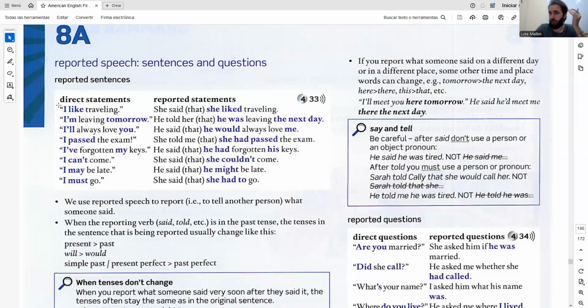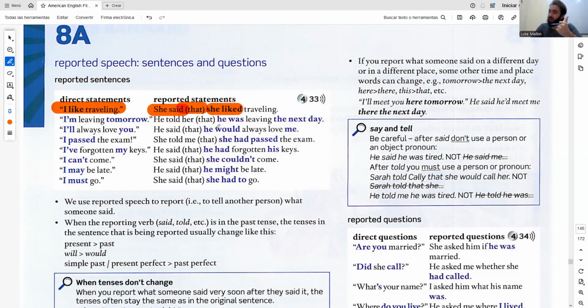Reported speech is when we report what somebody else said. So, for example, a direct statement looks like this. I like traveling. John said, I like traveling. Or Joan said, I like traveling. Reported, she said that, that is optional, she liked traveling.